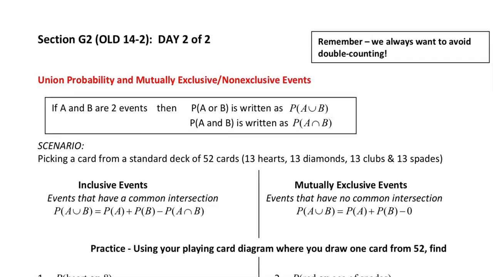So here comes the notation that I've been doing, but now we're going to do it formally. It says union probability and mutually exclusive and non-exclusive events.